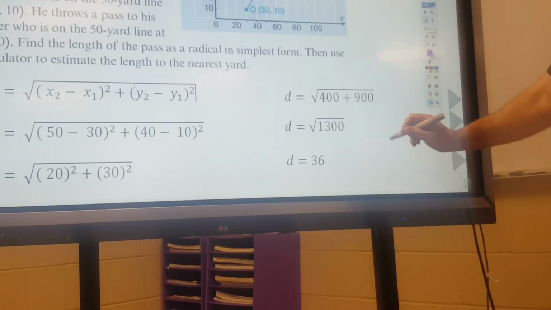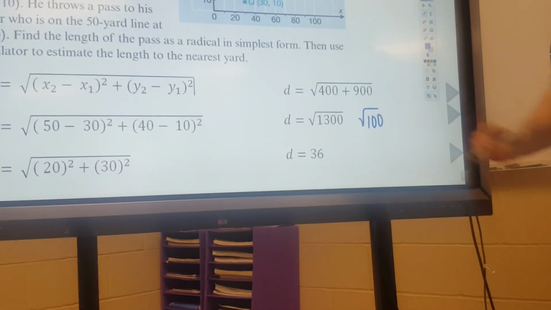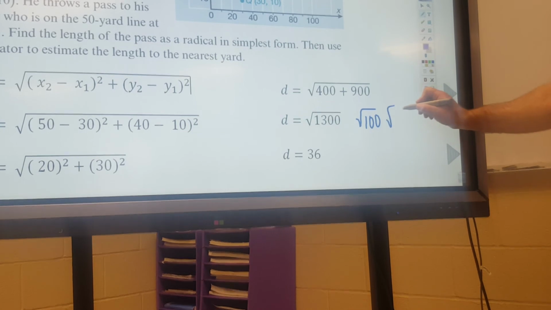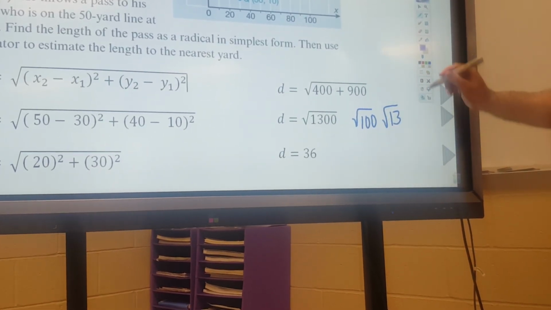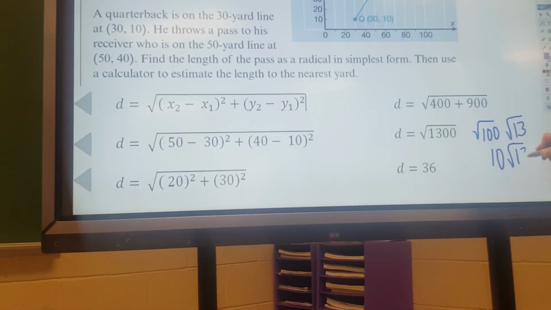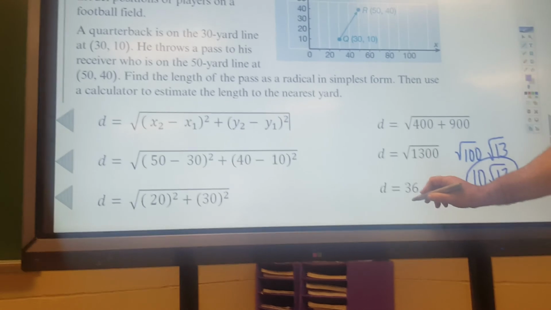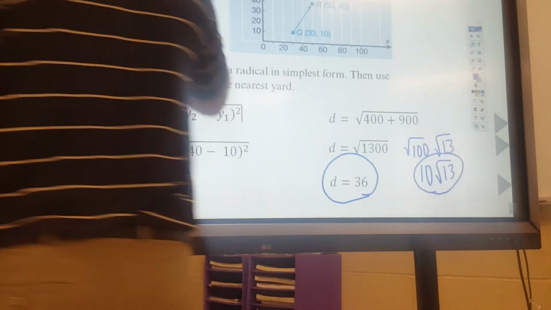They did want us to simplify the radical. 1300 is the same as radical 100 times radical 13. We know the square root of 100 is 10, so this is equivalent to 10 times radical 13. They wanted both answers, so we get 36 and we get 10 radical 13.